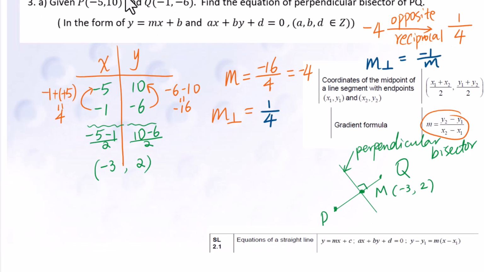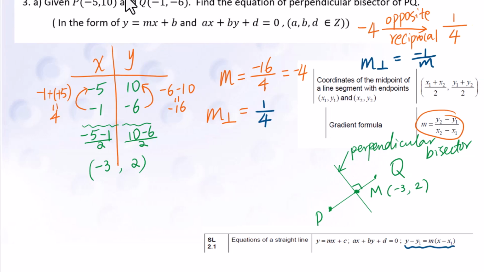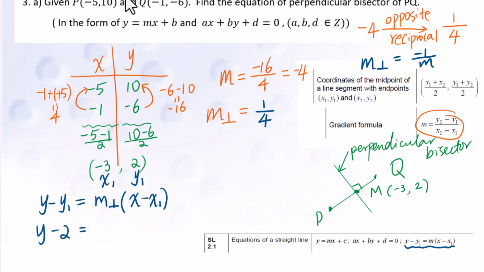Next step, we will use this form to figure out the equation of the perpendicular bisector. This will be x1, y1. So y minus y1 equals slope of a perpendicular line times x minus x1. y minus 2 equals 1 over 4 times x minus negative 3, which is positive 3.